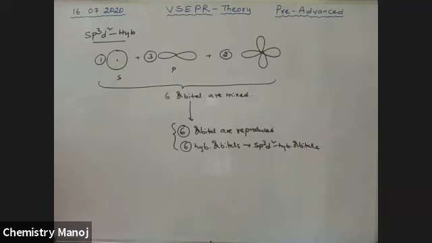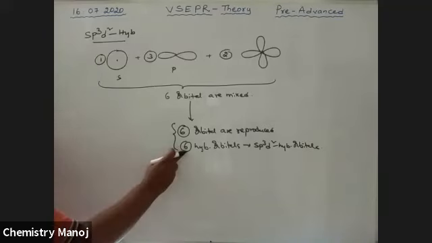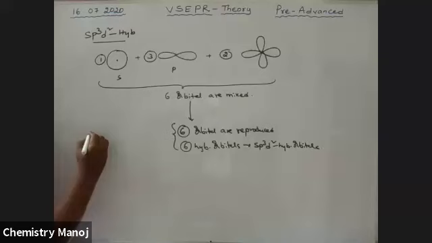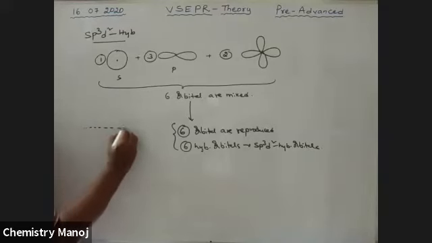Now see here, what is the shape of those orbitals? Out of 6, 4 are within the plane. Let us take this one as a square.